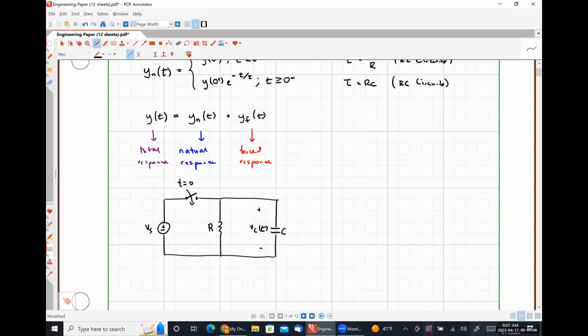So what should our capacitor voltage be at t is equal to 0 minus for this particular circuit? 0, because it's not connected. Perfectly reasonable assessment.